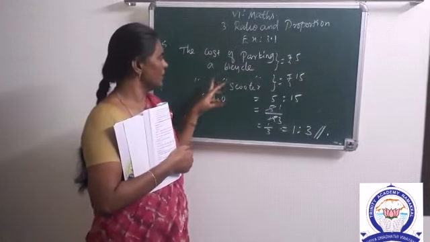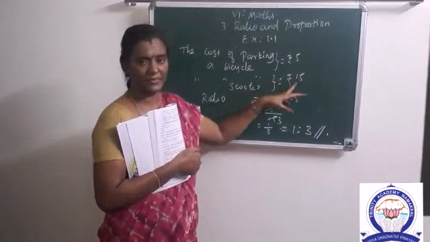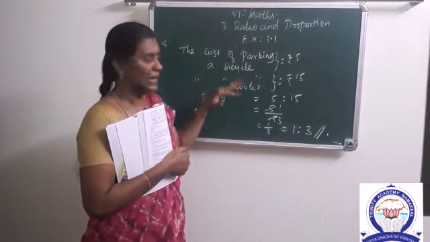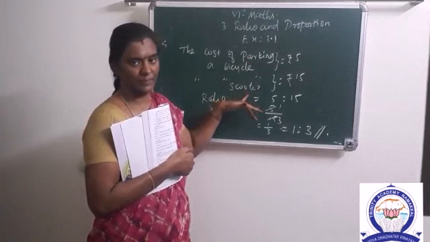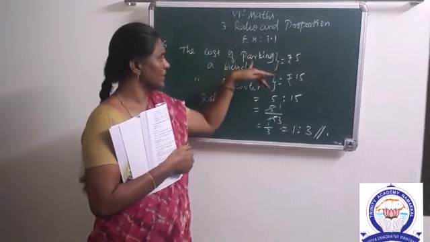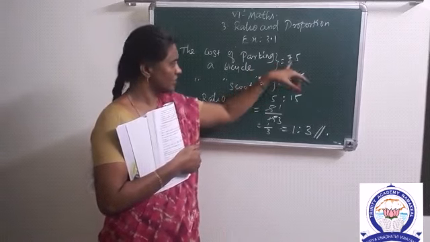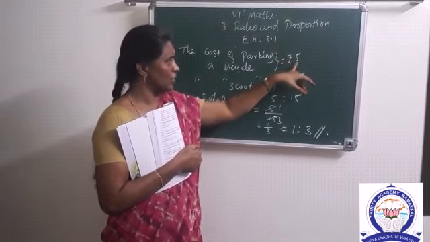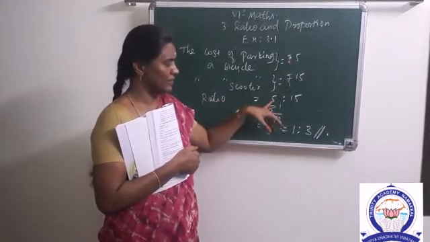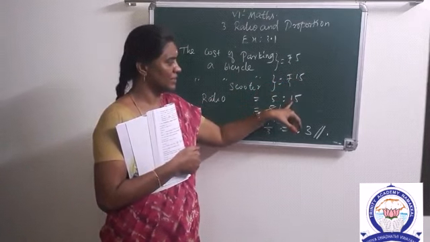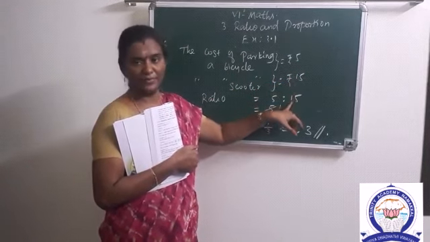The cost of parking a scooter is ₹15. Now we write in the ratio form bicycle to scooter, cost of parking bicycle to that of scooter. So first we write the cost of bicycle.